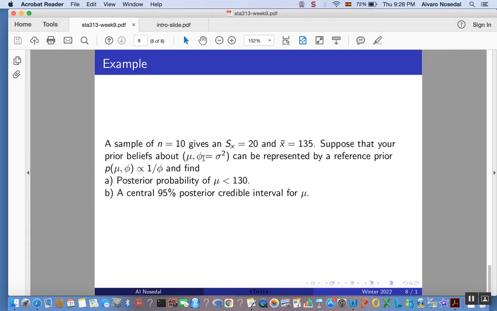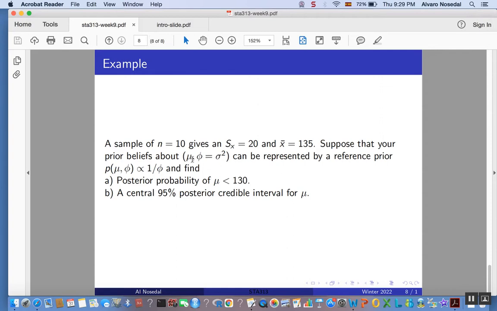Now we have two parameters of interest, so we would need a joint probability distribution for these parameters, but we are going to be assuming independent non-informative or Jeffreys priors for mu and phi, where phi is just a change of variables that we used before to derive the posterior.